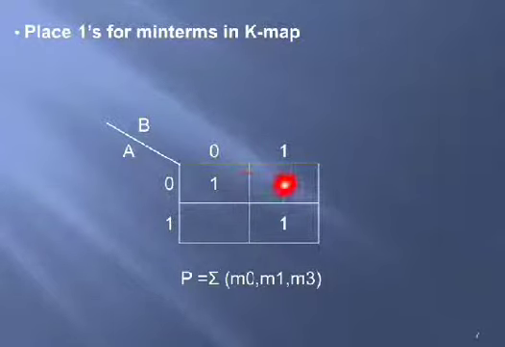For whichever input combinations you are getting the output as 1, you need to represent them here: m0, m1 and m3. All these minterms are equal to 1. So you can write this as P equals summation m0, m1, m3, where A is MSB and B is LSB. Only for the 10 combination you are getting the output as 0. So you need to pair these terms in order to get the expression. We will see how to pair the cells in a K-map.